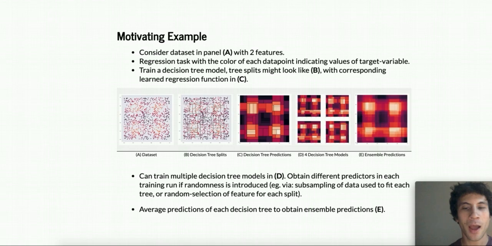If we now were to just simply average the predictions of these 4 trees, we could obtain an ensemble predictor shown in panel E. The predictions of this model look much better for the data in panel A, and this really highlights at a very simple level the power of ensembling. This is actually the strategy employed in the famous random forest model.